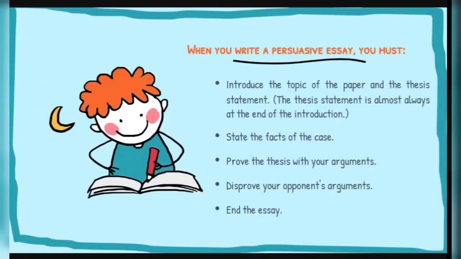It is not a must. Trying to show that your opponent is wrong is something you can do during the essay, but you have to do it in an implicit way. You don't have to do it too directly.